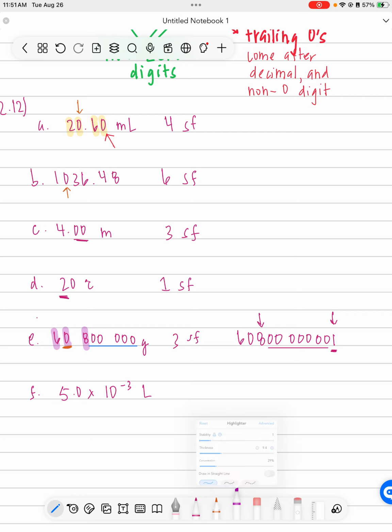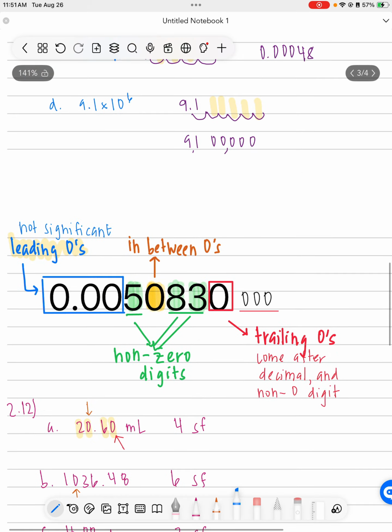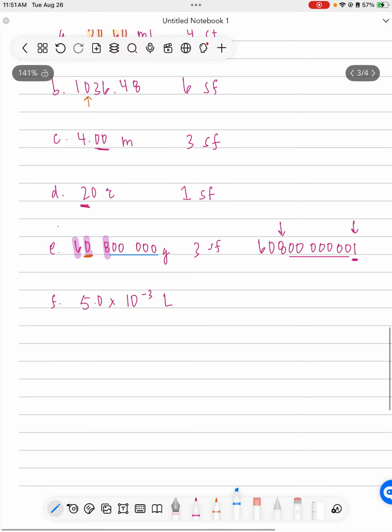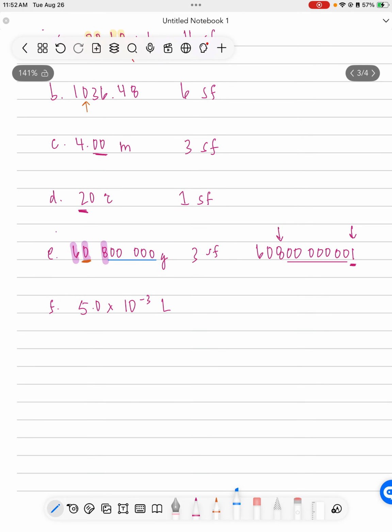Remember up here when we had a standard number, we had these leading zeros, we highlighted that in blue, those are not significant. So I'm going to highlight in blue what's not significant, what we don't even consider. We don't even look at this number. We don't need to worry about what's in that number to talk about significant figures. The only number that we want to look at is this number right here, whatever comes before this.